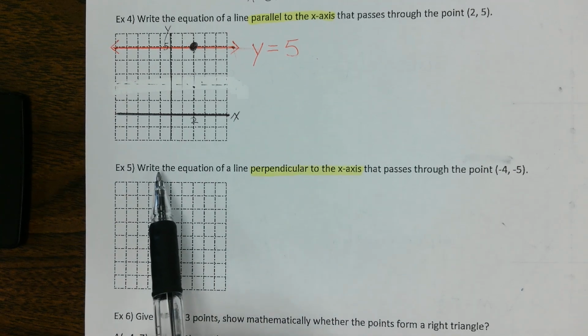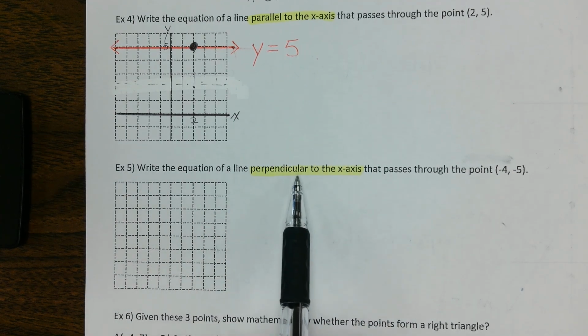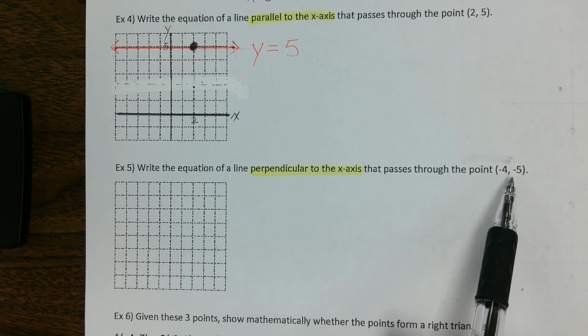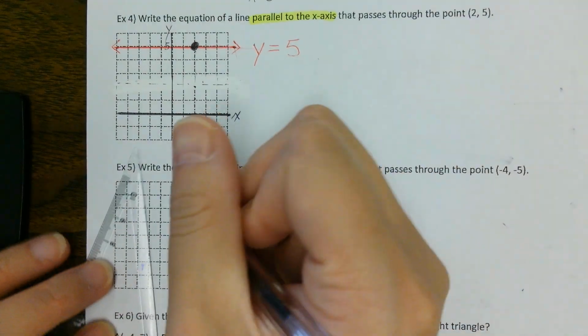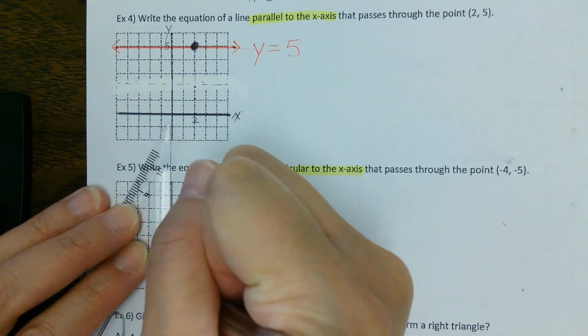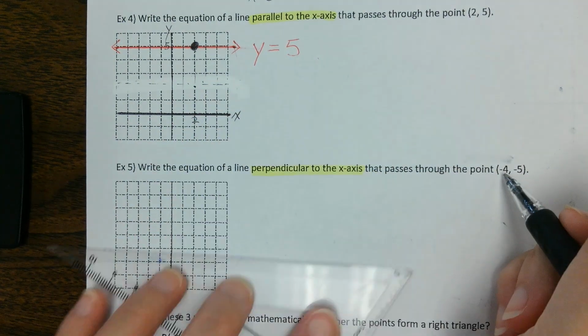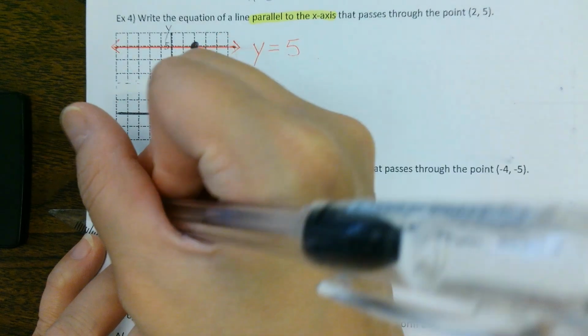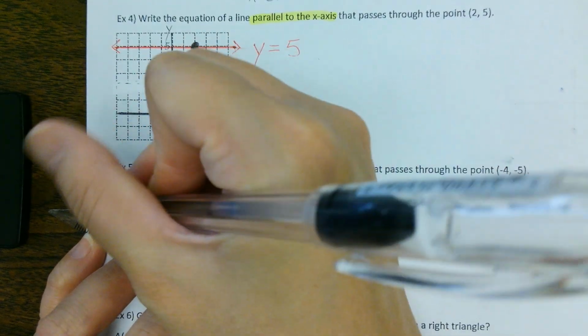Okay. So similarly, write the equation of a line perpendicular to the x-axis that passes through the point -4, -5. This time I'm going to put my x-axis a little higher because I know where my point is.